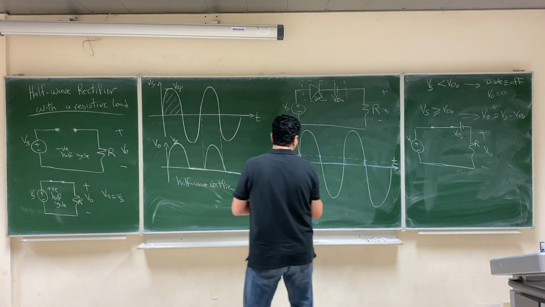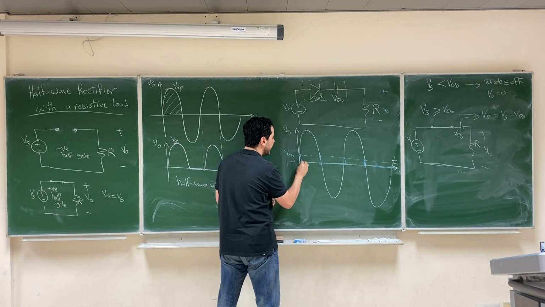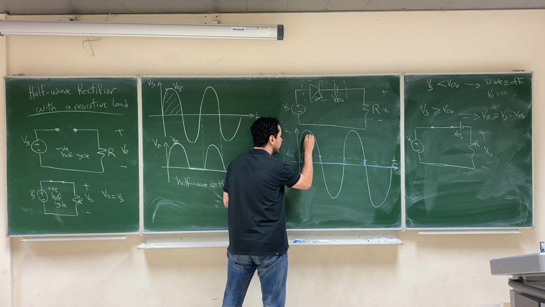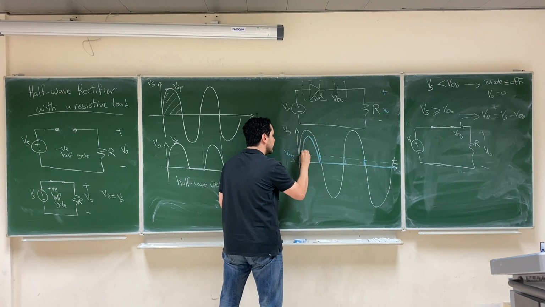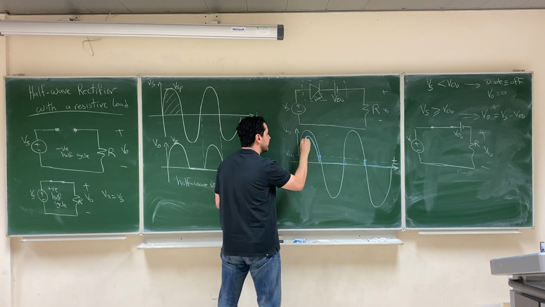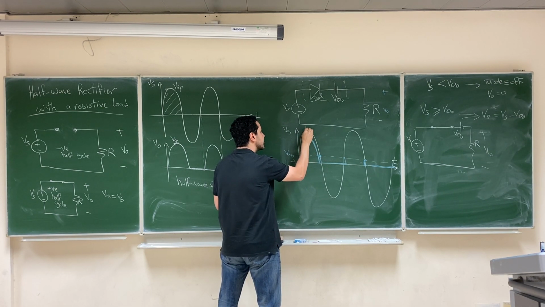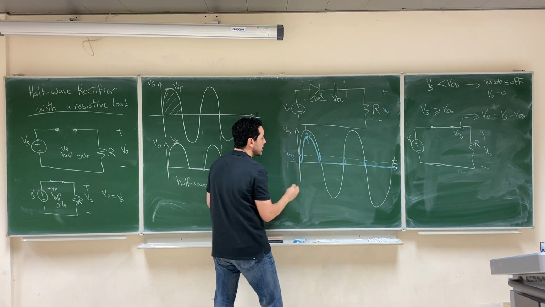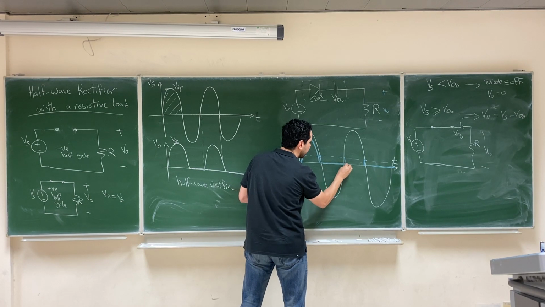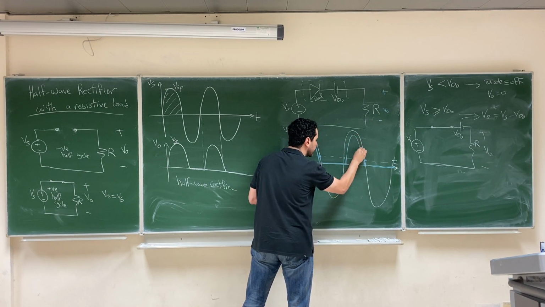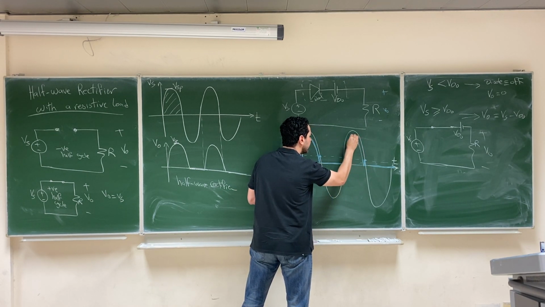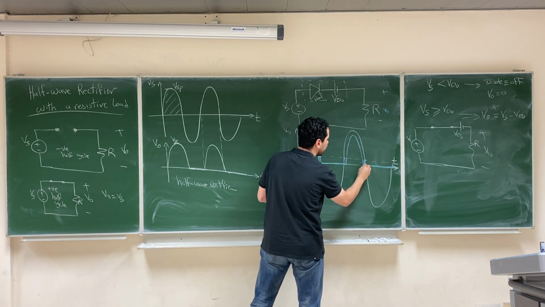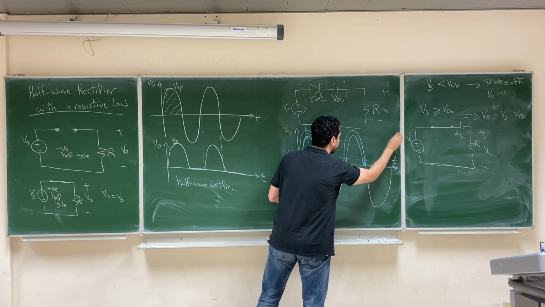So always you will find that V output will appear as something like this, smaller than Vs. Smaller by how much? Smaller by the value of VDO. Again, it will be 0 here, and then it will appear here, but smaller than Vs. So this is how the output voltage is going to appear.